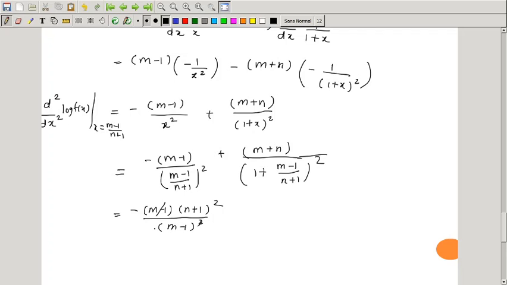So this one term is cancelled, plus (m plus n) upon ((n plus 1 plus m minus 1) divided by (n plus 1)) bracket square. Okay, this bracket is extra, so I have to remove it.